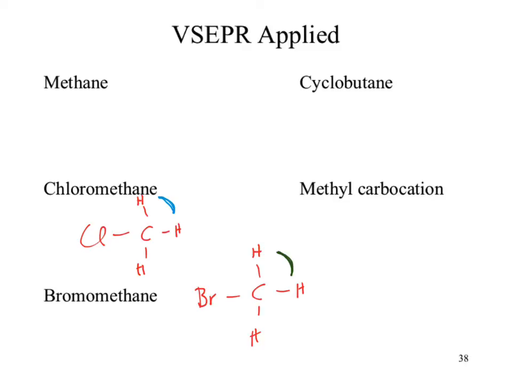As it gets further from the carbon, what happens? The bond angle actually opens up. Yeah, love that one. That's one of my favorites. The green one is actually a larger bond angle.